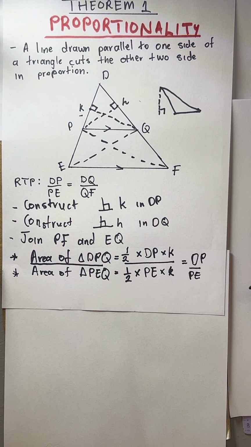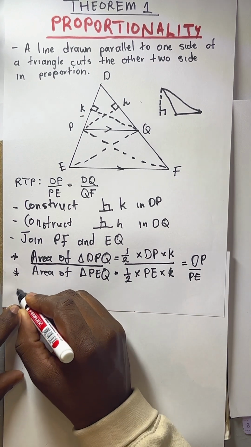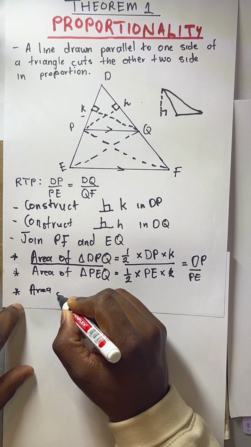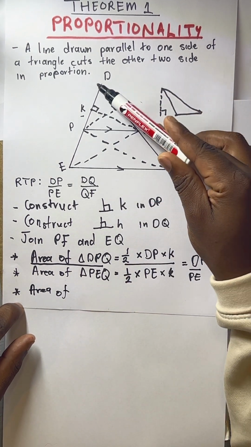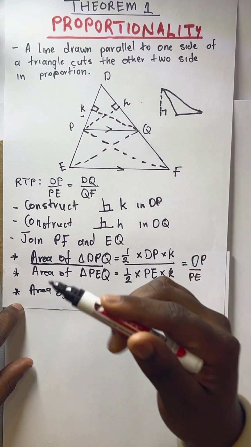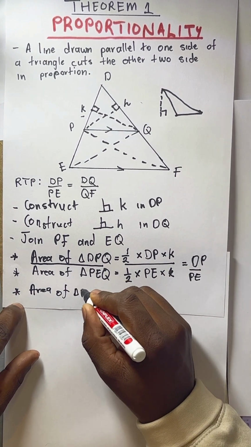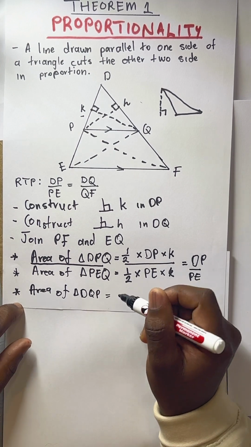Now similarly, we are also going to go back and look at these other triangles. Let's say we are looking at the area of which triangle? You are still looking at this triangle, your DQP, right? The area of triangle DQP, in terms of what is it going to be?